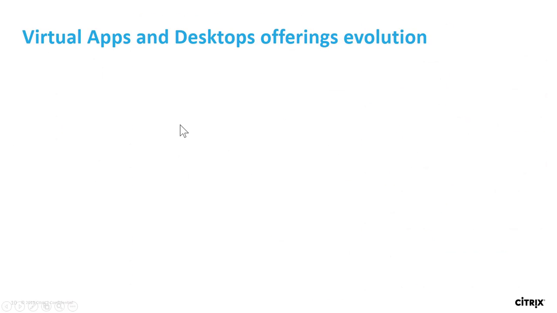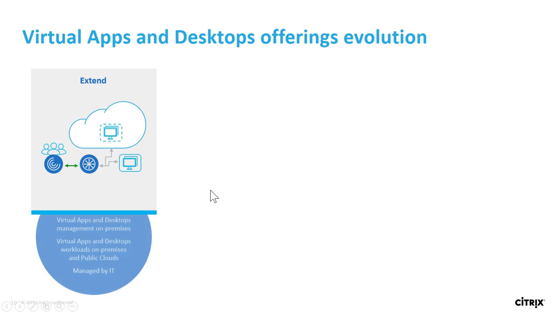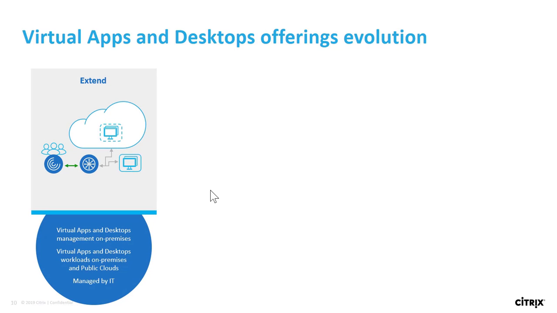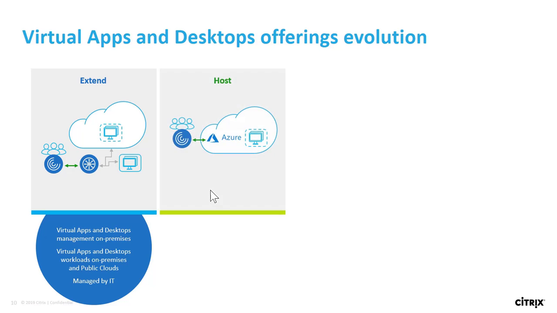Another way to look at this would be the evolution of Citrix's support for hosting Windows VMs in public clouds. First, we extend. You extend your existing on-premises apps and desktops environment to a public cloud like Azure or AWS with one or more resource locations and manage it from your on-premises data center. The second is hosting.